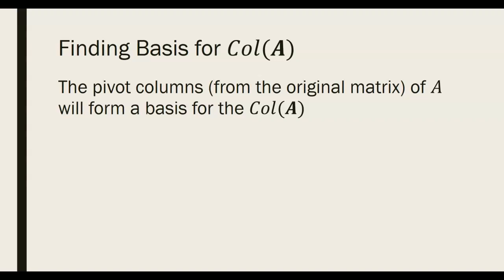And the pivot columns are going to form a basis for the column space of A. Okay? Because if it's not a pivot column, then it can be rewritten as a linear combination of the other columns. So pivot columns of A form a basis for the column space of A.